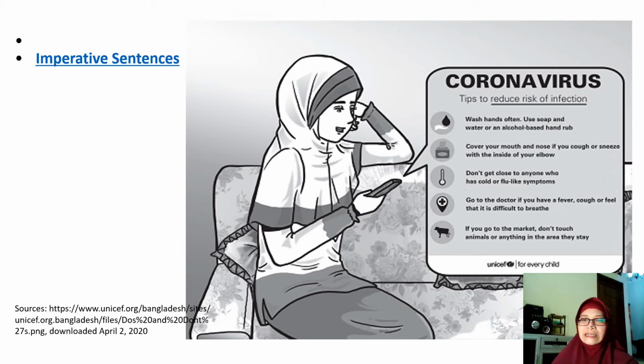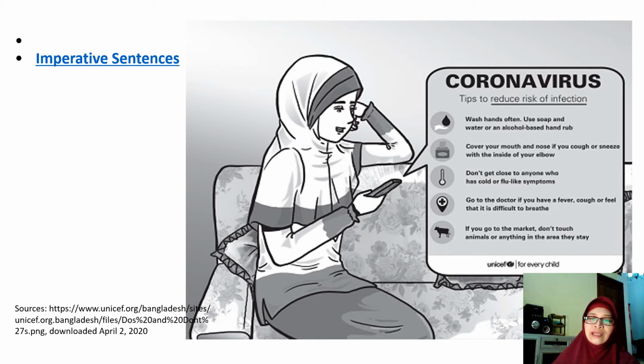Look at this sentence below. Wash hands often. Look at the word wash. Wash here is the verb 1. And then use soap and water or an alcohol-based hand rub. The word use here is verb 1.